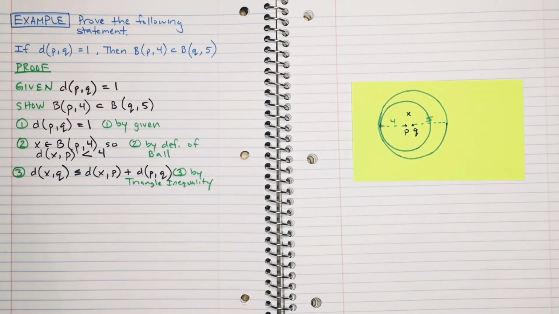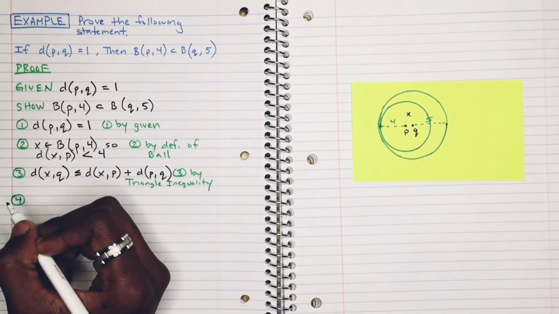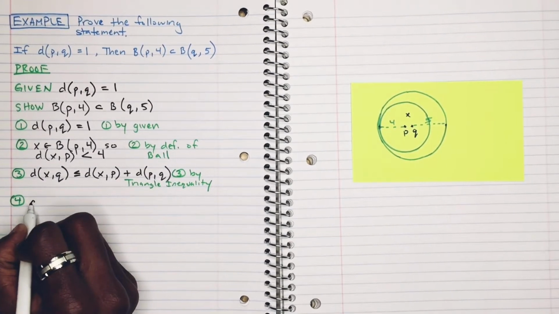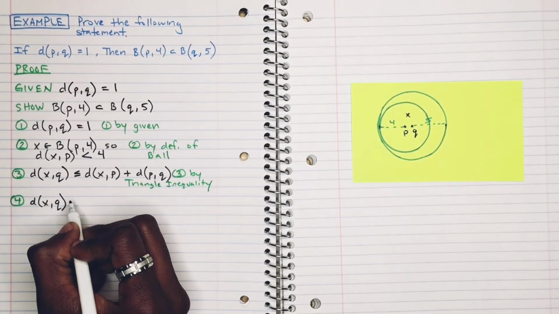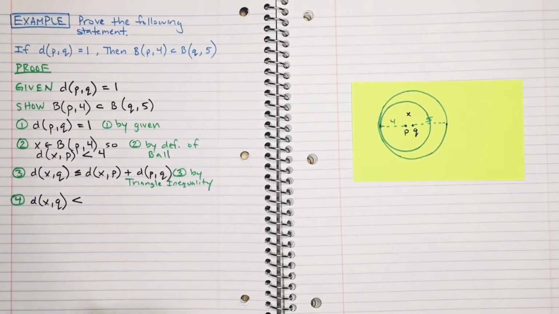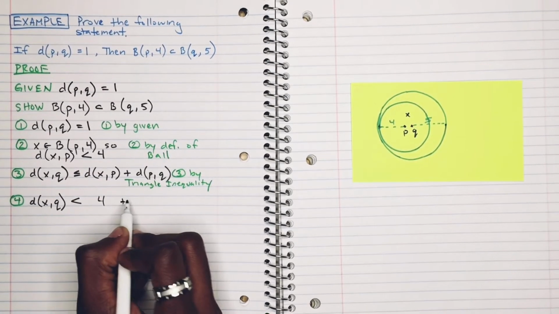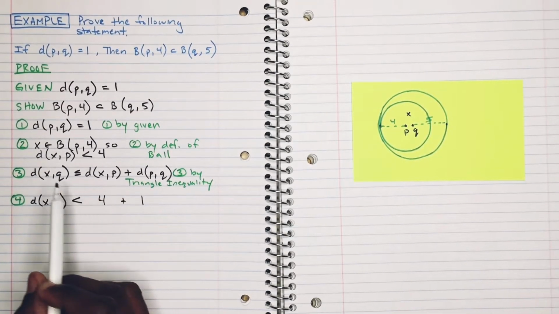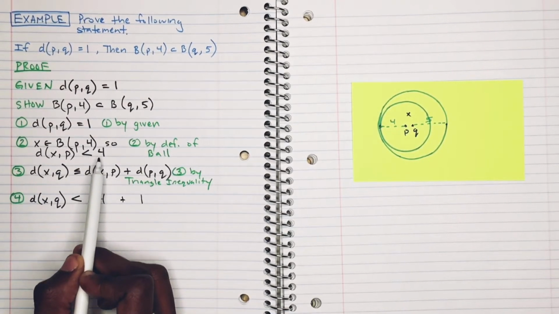So step 4, this is almost like algebra in a sense at this point because we're going to use some substitution. So we're going to keep this distance from X to Q. Okay, and we're going to say that it is strictly less than 4 plus 1. And if you're wondering, where did I get this 4 plus 1? Well, the 4 comes from step 2, where we see that the distance from X to P is less than 4.